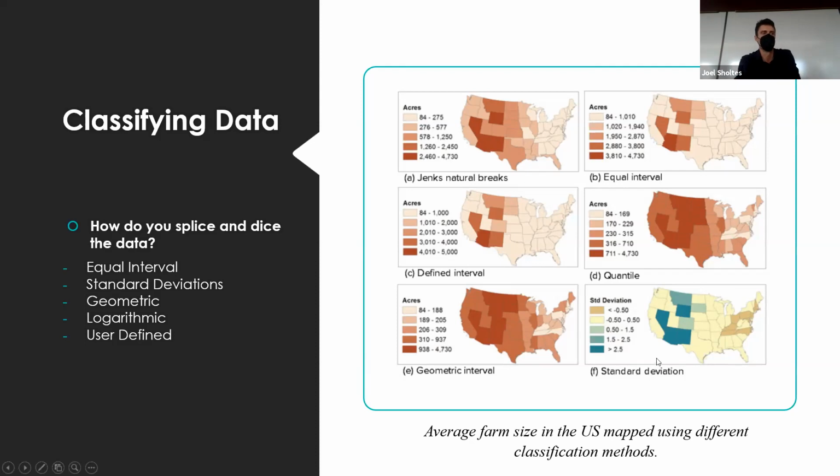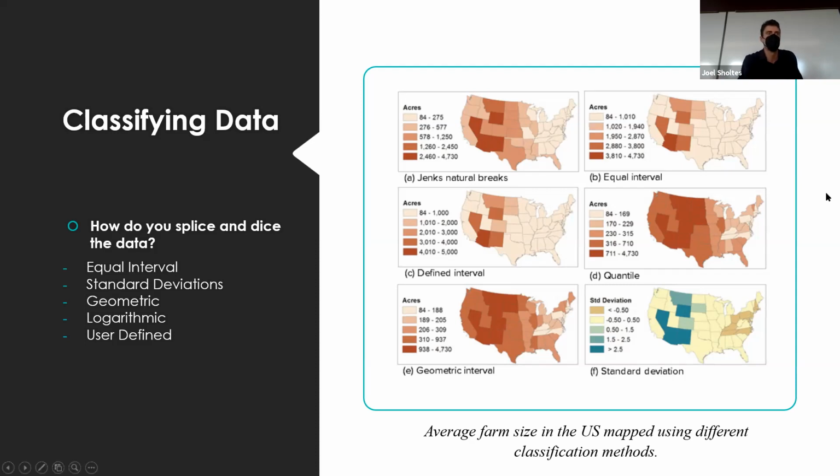And then finally, we have standard deviation. And you can see that the number scale is different because it says, okay, here's our middle values, negative 0.5 to 0.5, then 0.5 to 1.5 standard deviations, less than negative 0.5, and then greater than 2.5. So if you've got kind of a bell curve type of data, maybe you want to look at the histogram and decide how you want to splice and dice the data.